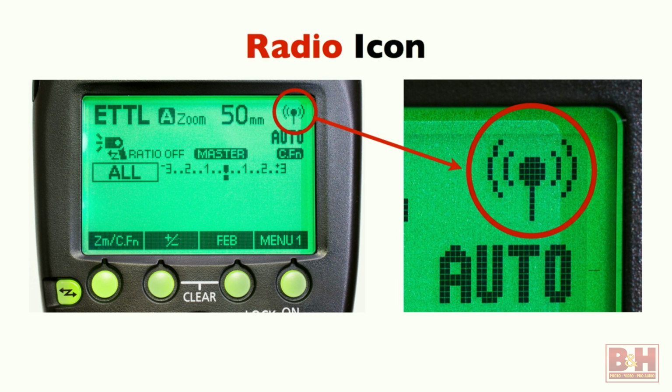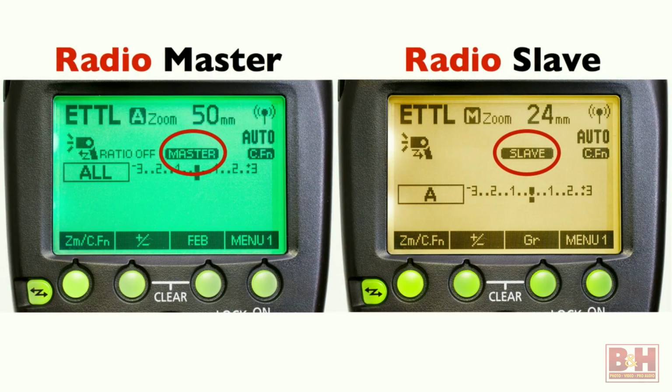That icon's not jumping around its position, and it's important to understand the difference. If you don't have your reading glasses on, you can look and say, is it mostly vertical, or mostly horizontal, or not there at all? All right, so optical, radio, same spot on each of the screens.